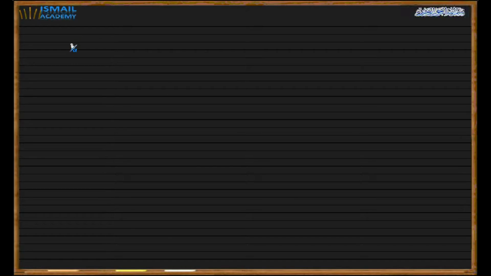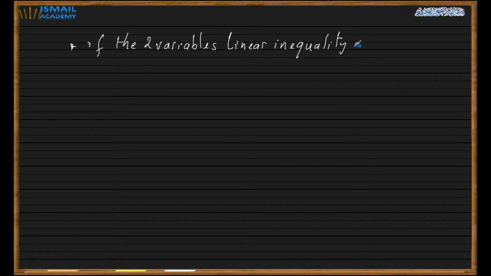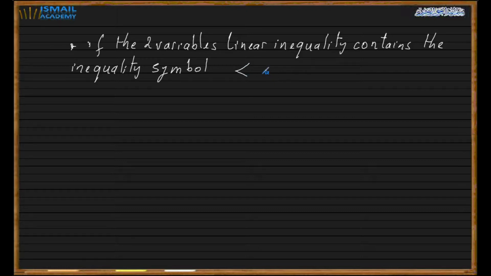The fourth property: if the two variable linear inequality contains the inequality symbol, either less than or greater than, then we draw a dashed line.